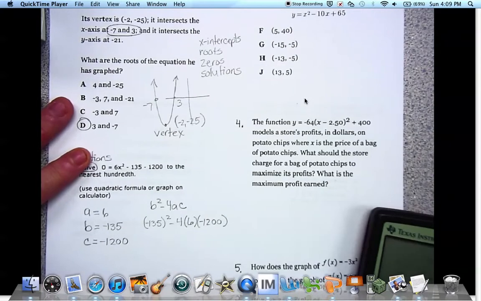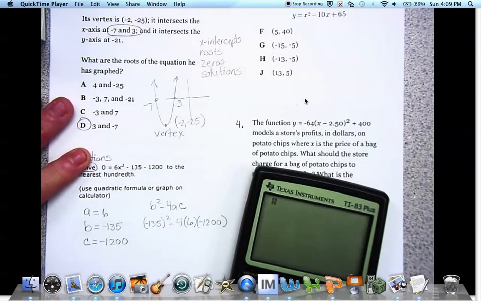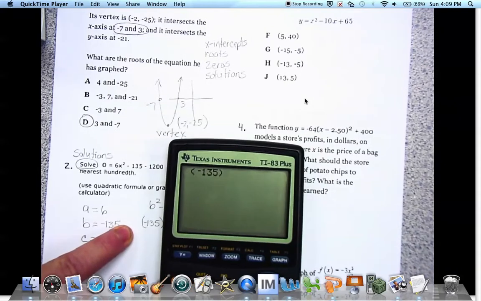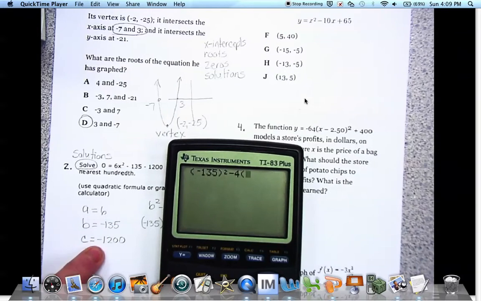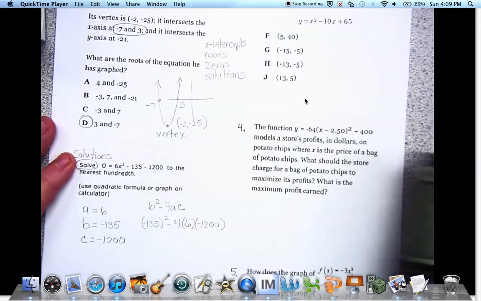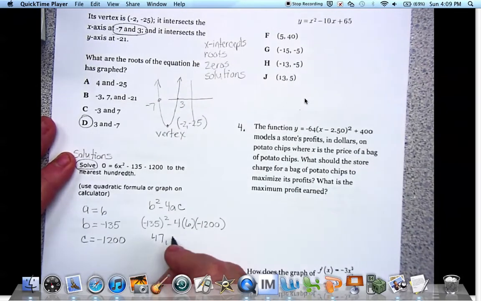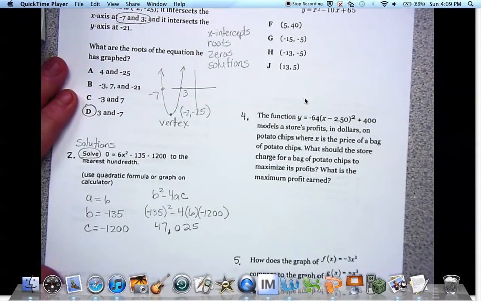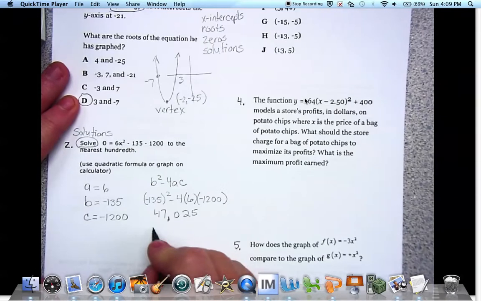Then use your calculator, and make sure you use parentheses: (-135) squared minus 4 times 6 times negative 1200. We get 47,025. That's a positive number, so we're going to have two real roots here.